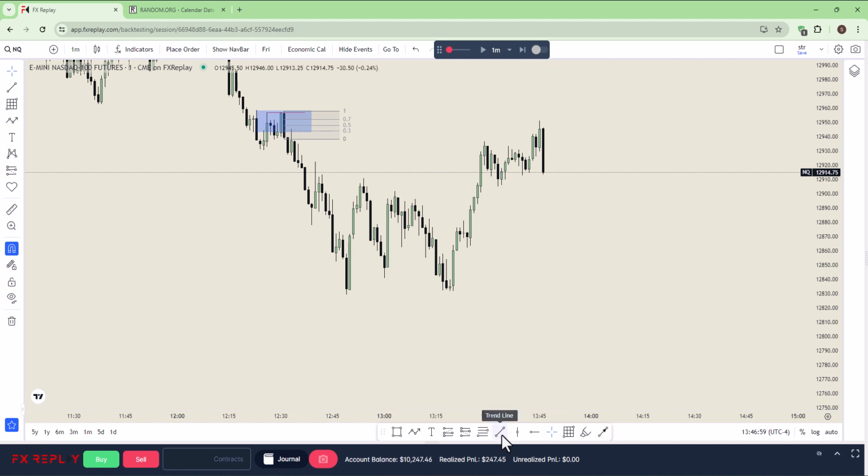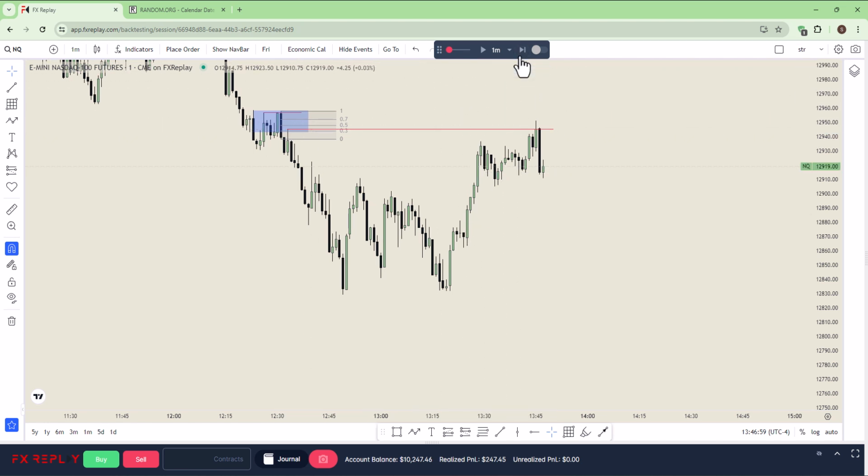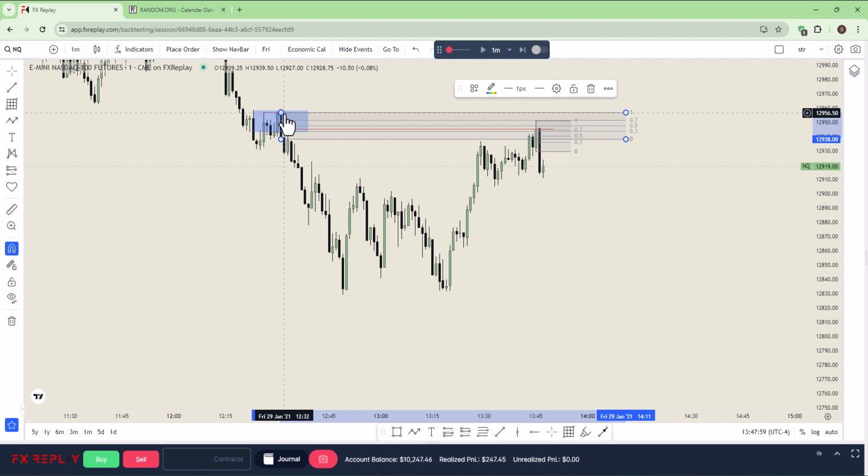It looks like we have something interesting right here. We have a sweep right here and we never closed above it, and we have the CSS confirmation. We topped into this previous candle, this previous zone.